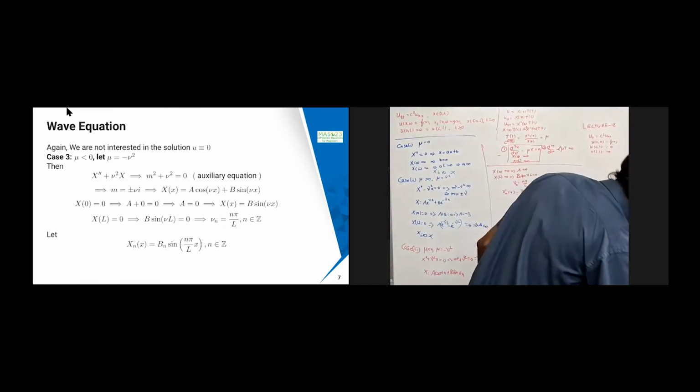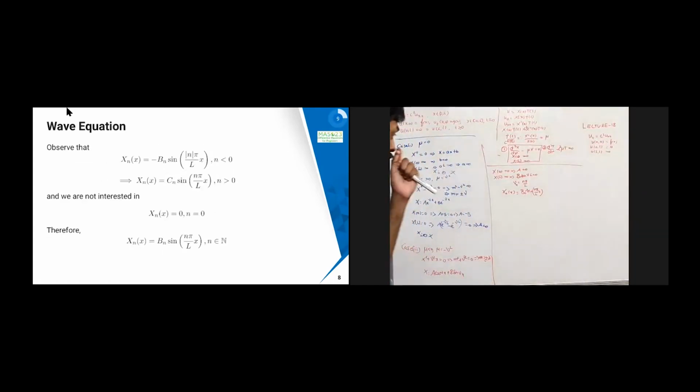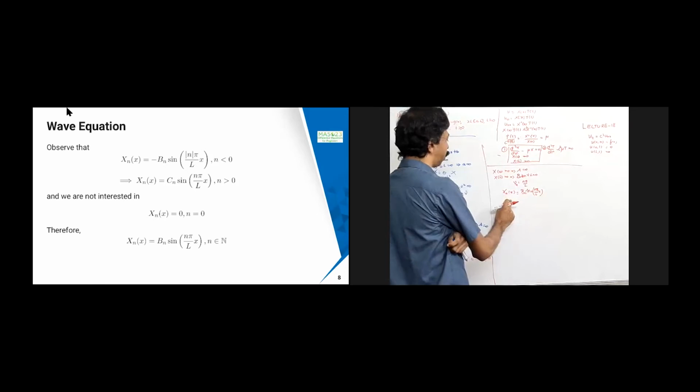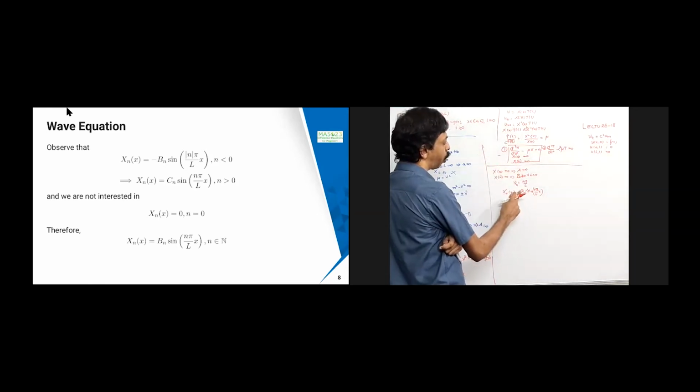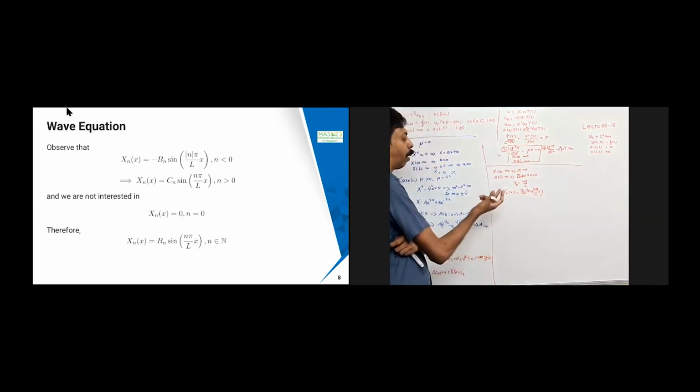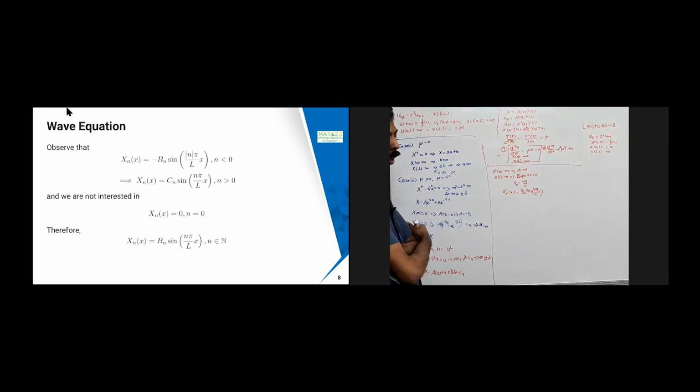Now n can be positive, negative or 0. If n is 0, you get X_n(x) = 0, which you are not interested in. If n is negative, you get a minus sign, because minus nπ just gives a minus sign, which is linearly dependent on the positive case.